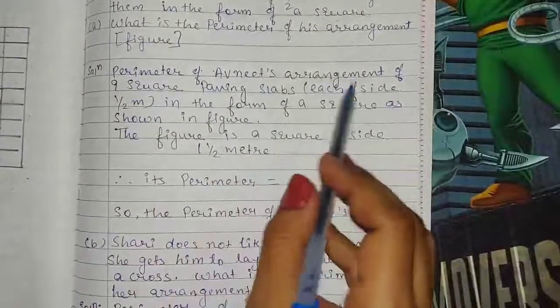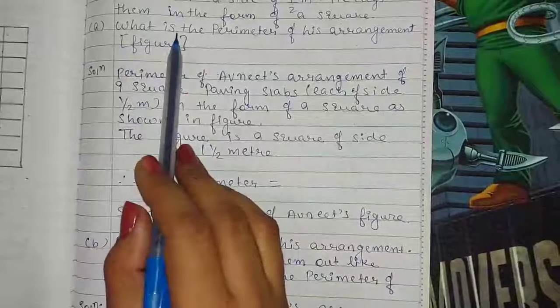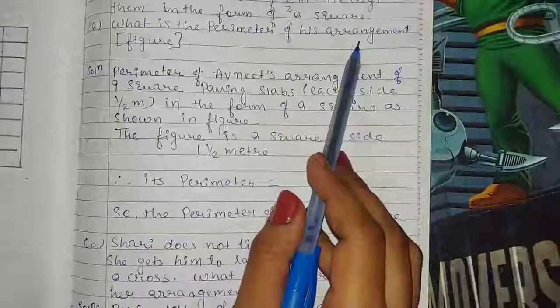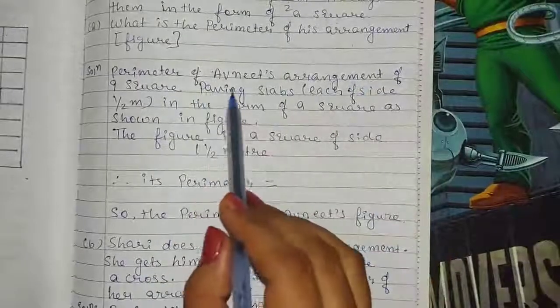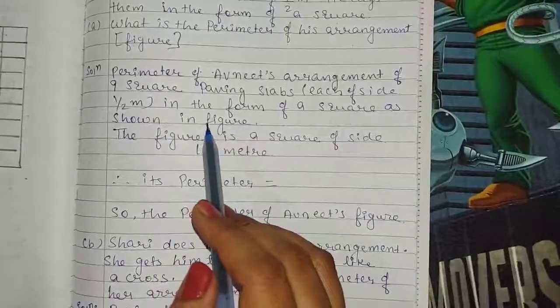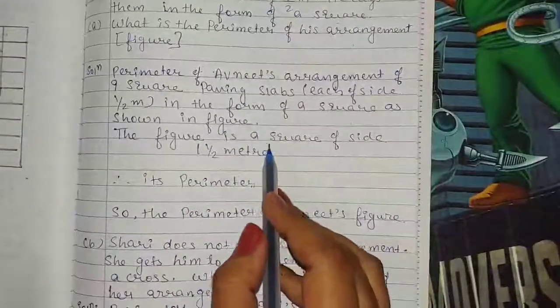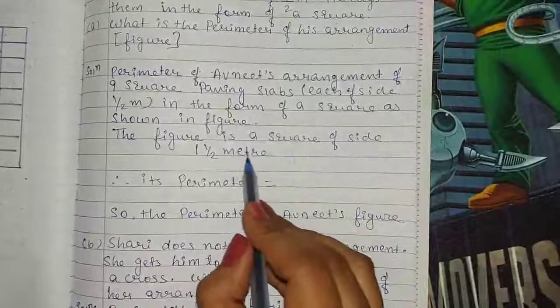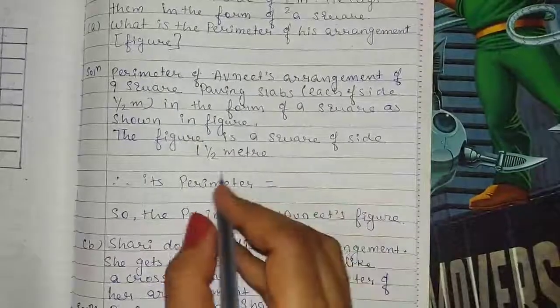Now let us find the perimeter of Avneet's arrangement. Question number A. What is the perimeter of his arrangement in the figure? Avneet's arrangement of 9 square paving slabs, each side of half meter, is in the form of a square as shown in the figure, with sides of 1.5 meter.